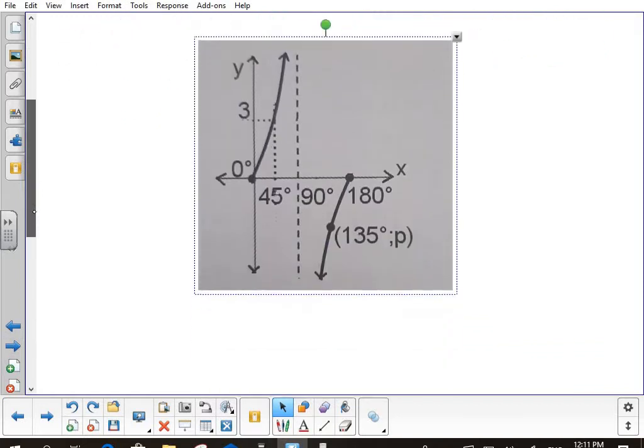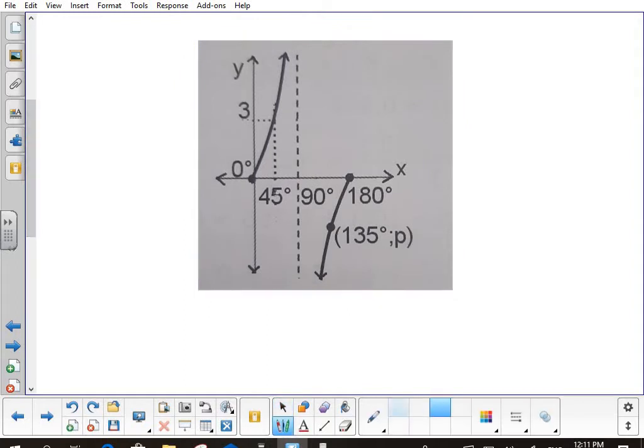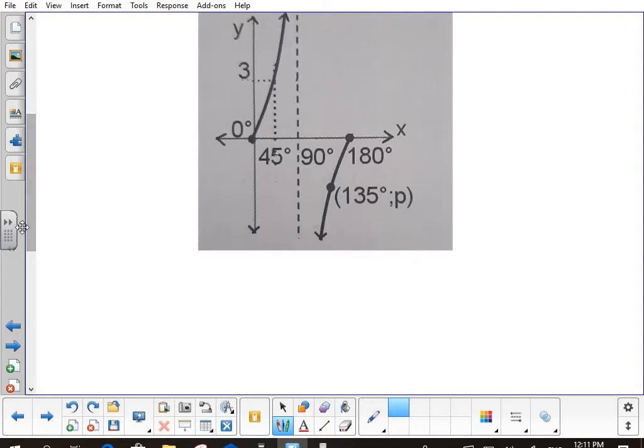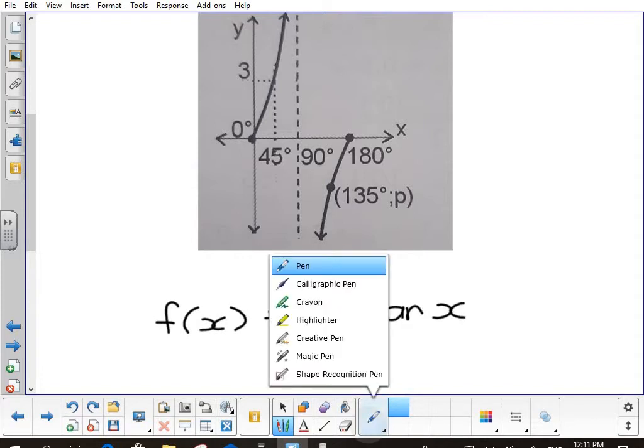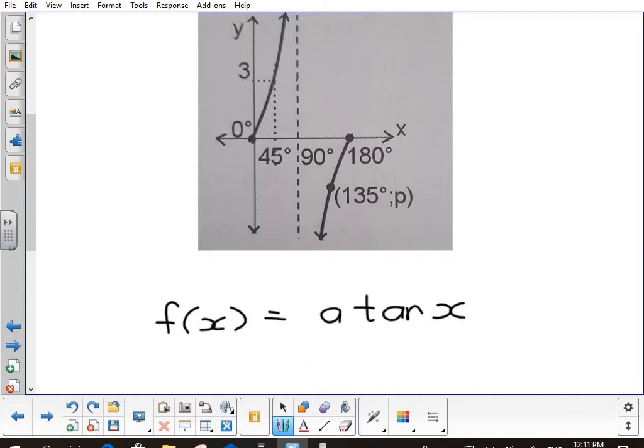Like I said yesterday, when you receive a question in terms of finding the equations of trig graphs, you would always be guided towards what the answer is that they want. So this sketch has the following with it. It says f of x is equal to a tan of x. So immediately I know what is expected of me in terms of this graph.